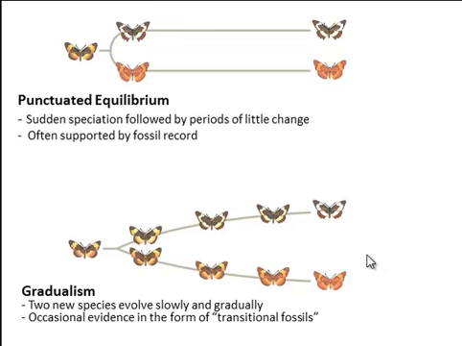And this is sometimes supported by the fossil record by finding transitional fossils. These are fossils that show traits in between one known species and then a more recent species. But oftentimes these transitional fossils are absent from the fossil record, and so it can be difficult to know whether punctuated equilibrium or gradualism is responsible. Most scientists think that both theories can happen.